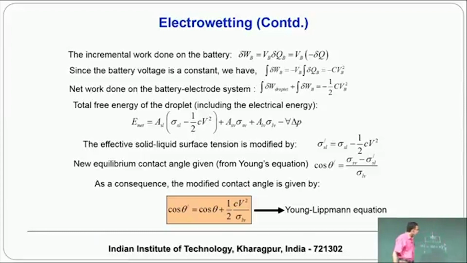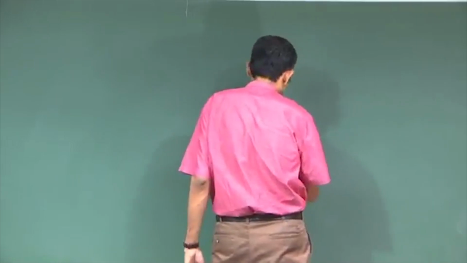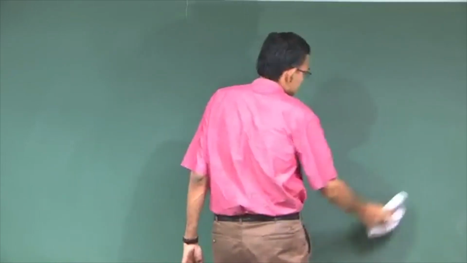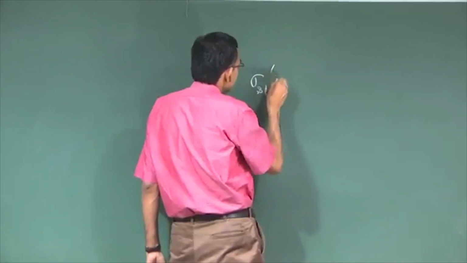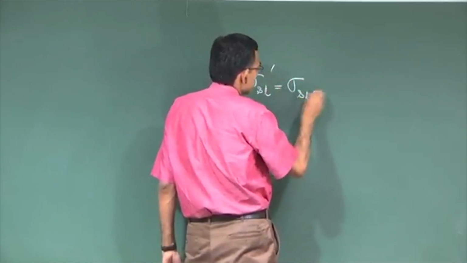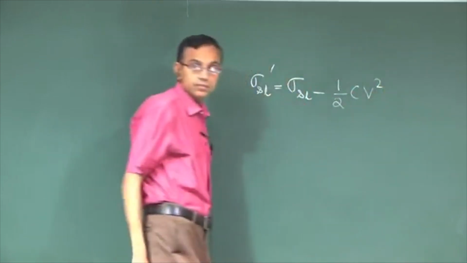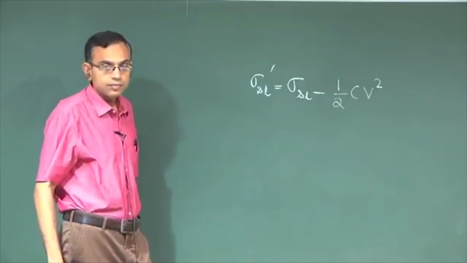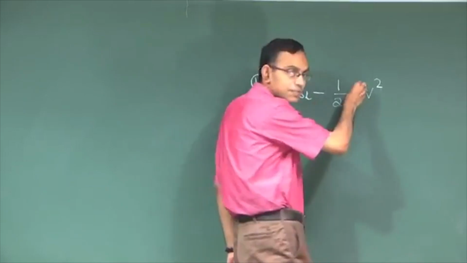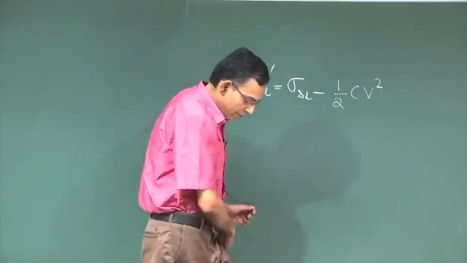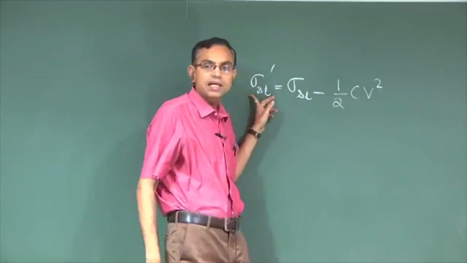So that means you can say that the sigma SL changes. Because all these are per unit area, this also you can express as per unit area, because surface energy or surface tension can be expressed as energy per unit area.